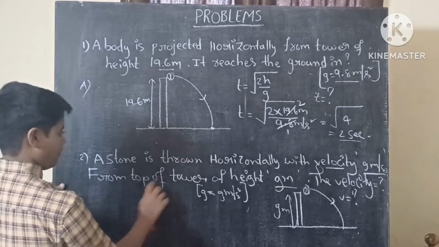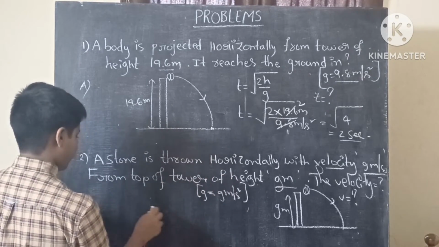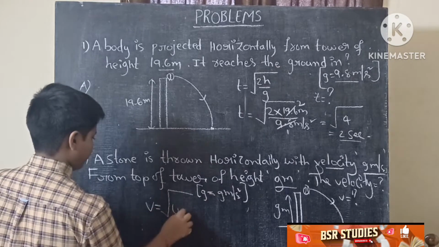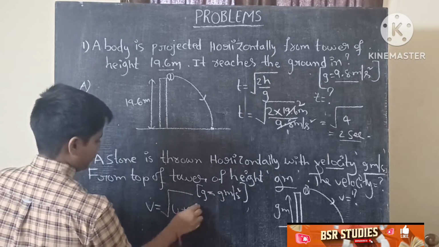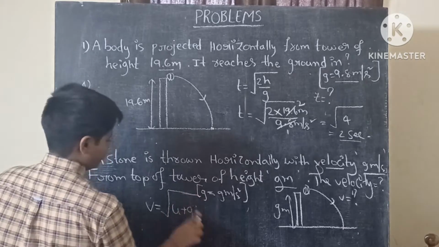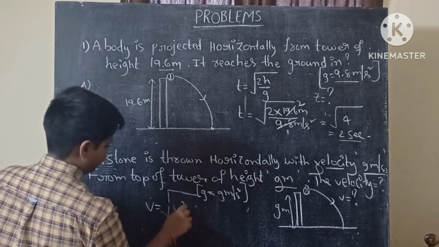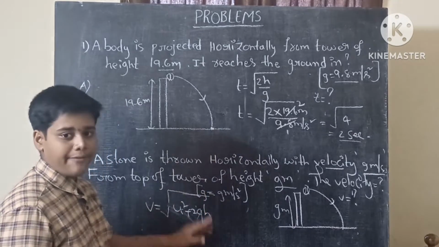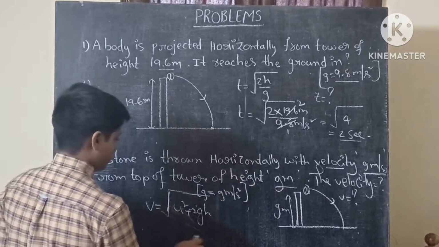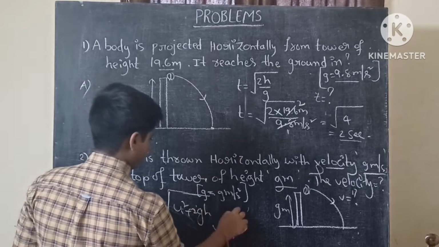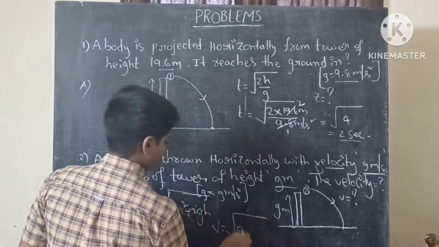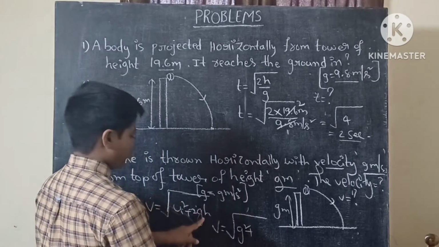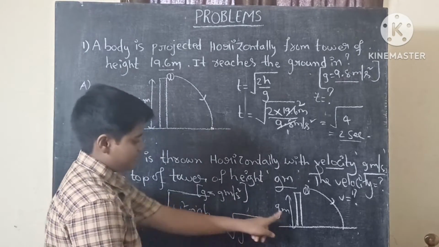If you substitute the values in v equals root over u square plus 2gh, sorry, this is the formula after time t. Velocity is equal to root over g square, the initial velocity g square, plus 2 into g into height g meters.